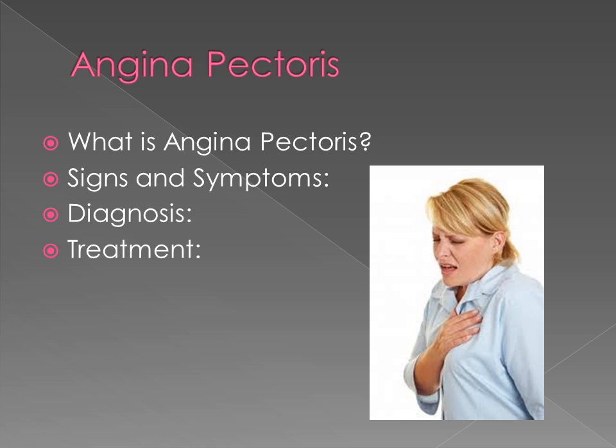Arteriosclerosis and spasms of the coronary arteries are probably the most common causes of angina. It can be a sign of impending MI, so it is something that people want to take seriously.